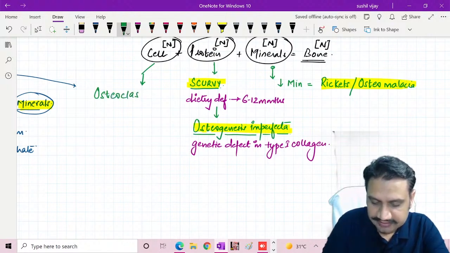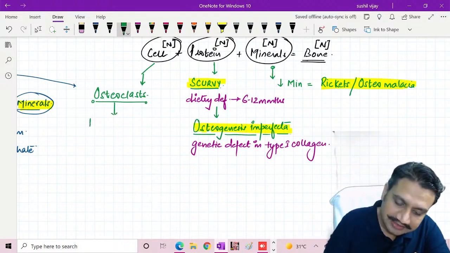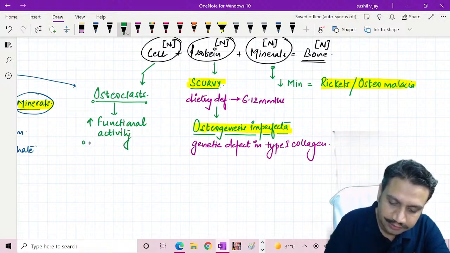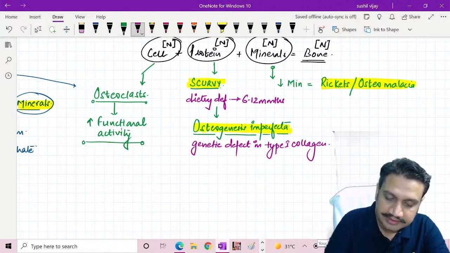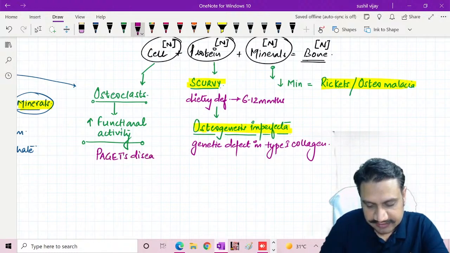So in the cells, the culprits are always osteoclasts. How? If there is an increase in the functional activity of osteoclasts, the disorder the patient suffers from is known as Paget's disease.